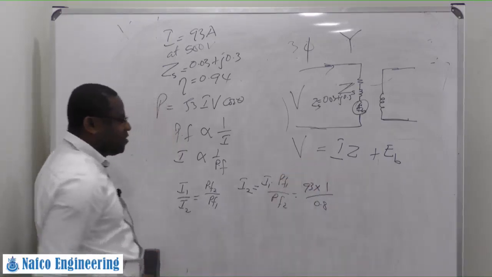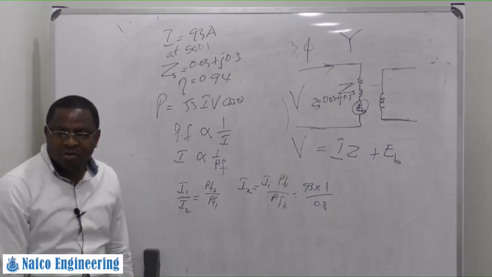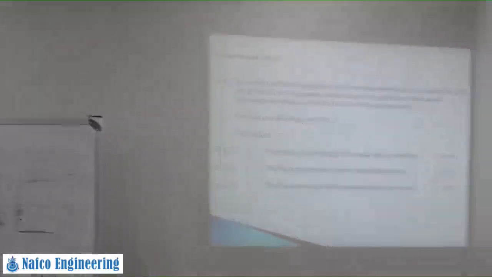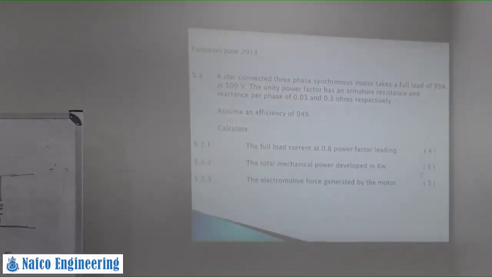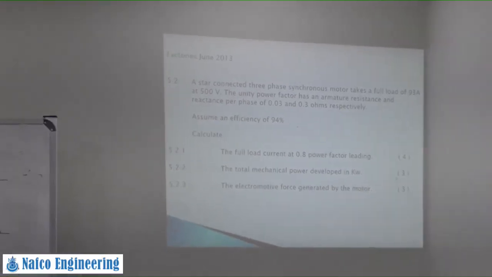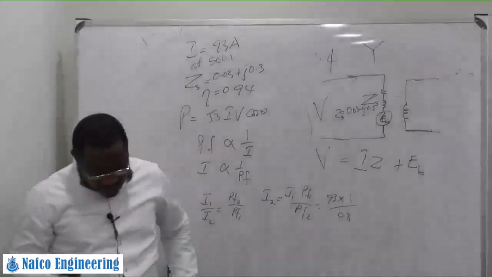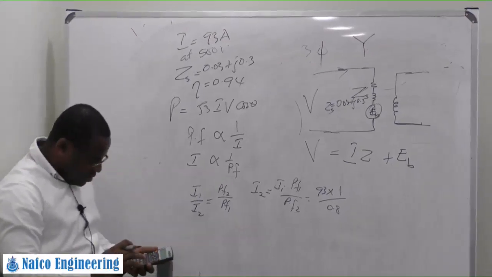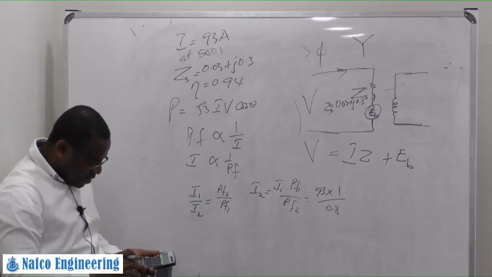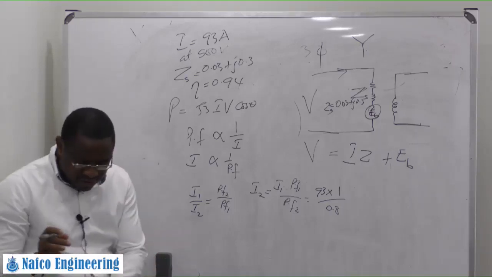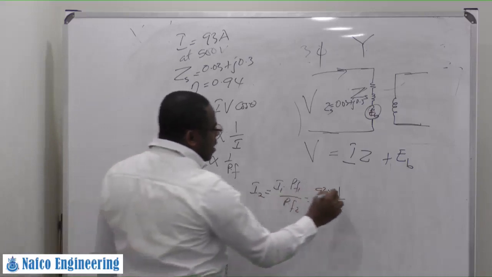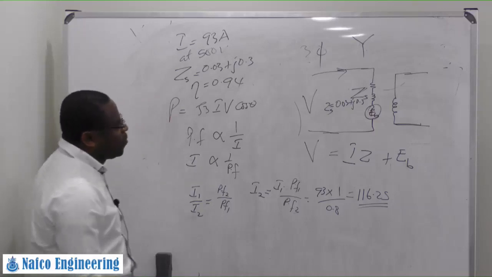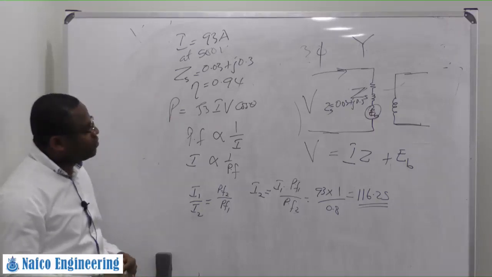So you use this to get how much current it will draw. It will draw a higher current when the power factor is low. So 93 divided by 0.8, you get 116.25.